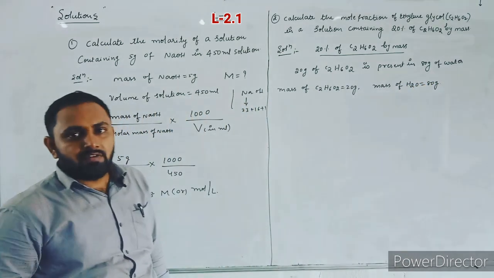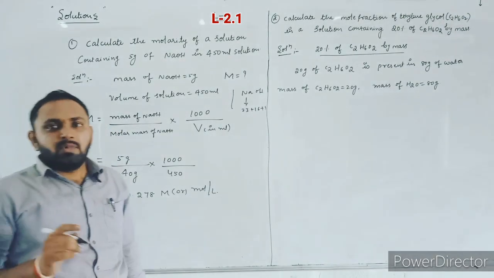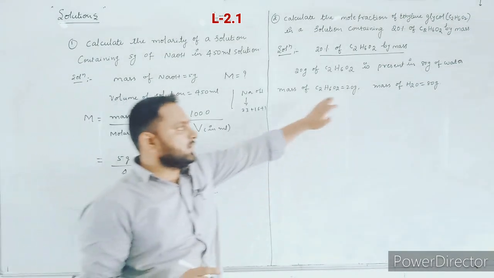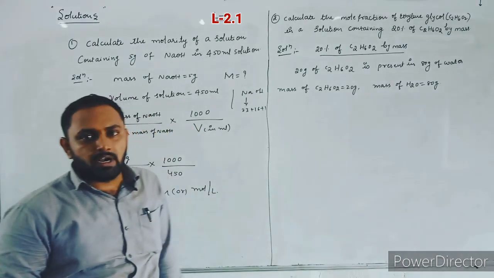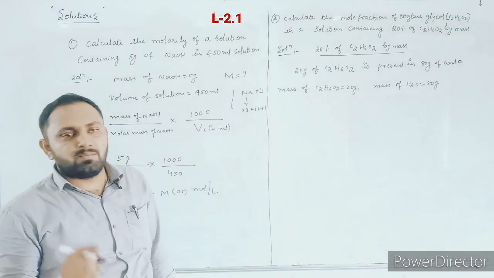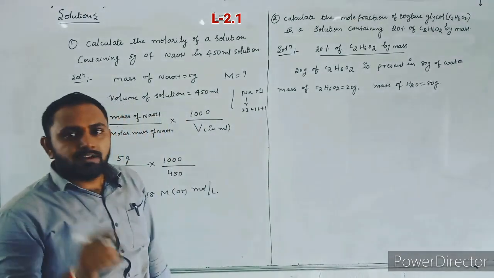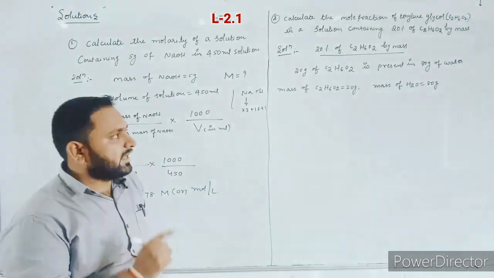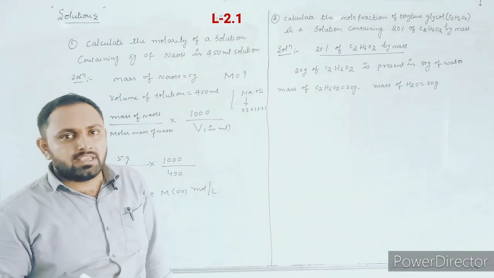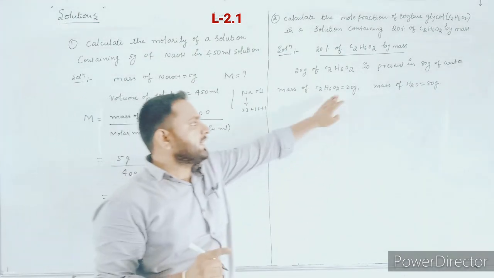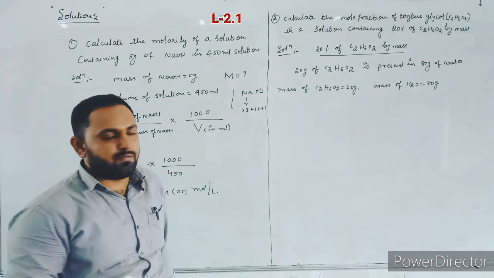Here to calculate mole fraction we need the number of moles of solute and the number of moles of water. That's why first we have to calculate the number of moles of ethylene glycol and the number of moles of water. For this, you should know the molar mass of ethylene glycol and the molar mass of water.